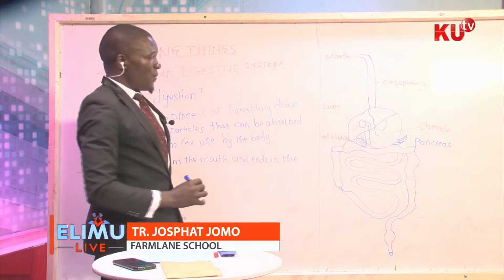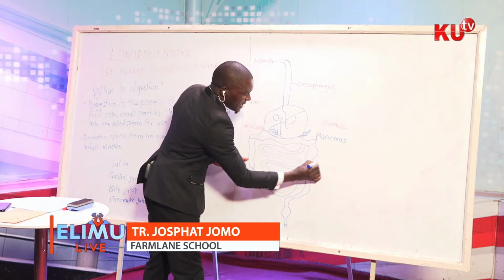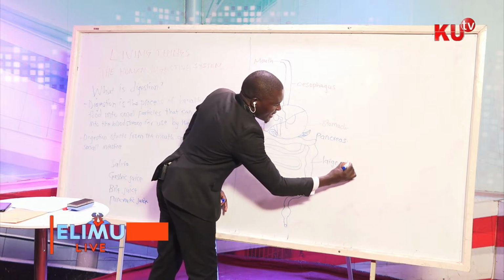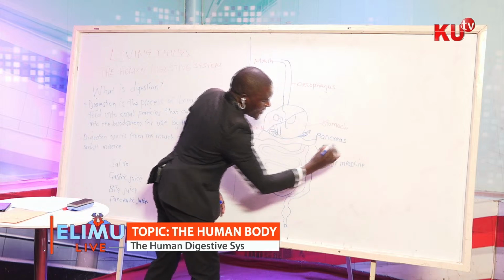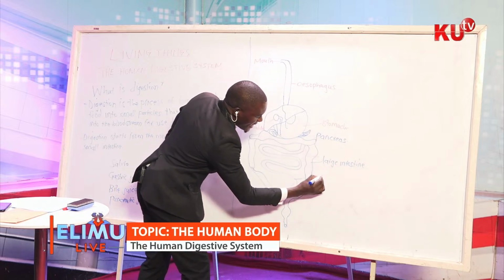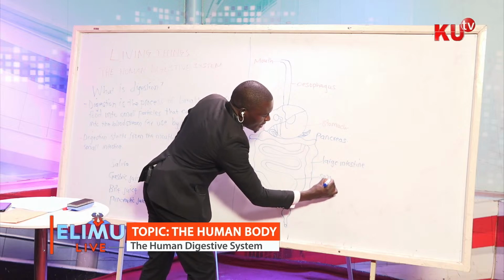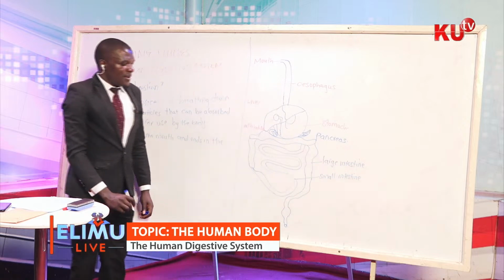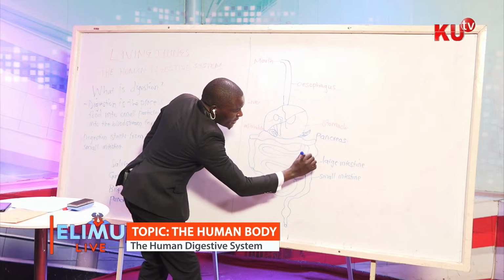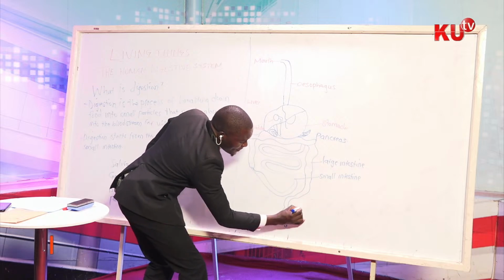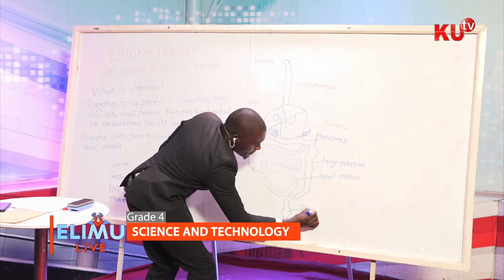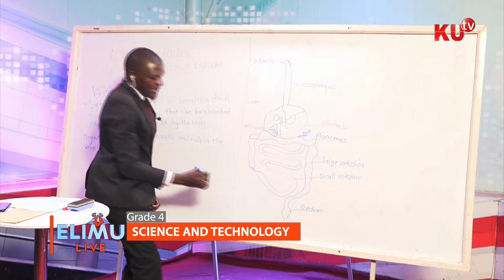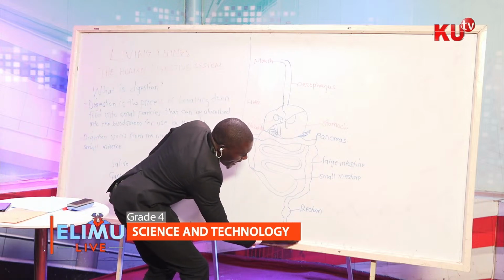Then from the pancreas, the larger part outside here is called the large intestine. The ones that are inside are called the small intestine. Then down on the large intestine we have the rectum, and at the low end we have the anus.